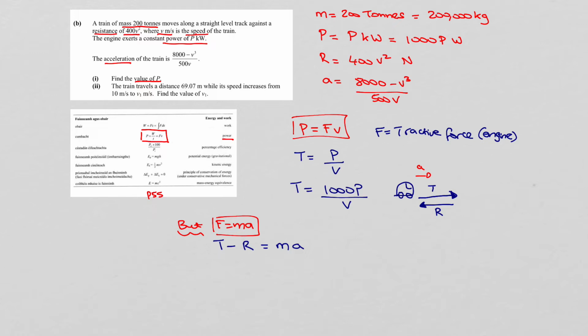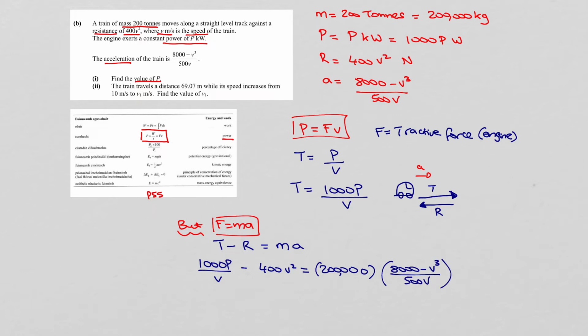So we have 1,000 P over v, minus the resistance, which we are told is 400 v squared, equal to the mass, 200,000 kilograms, times the acceleration, which is (8,000 minus v cubed) over 500 v.